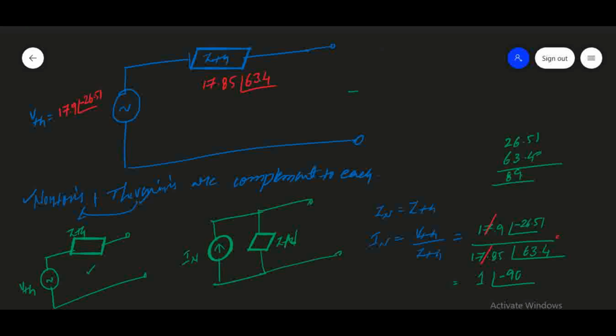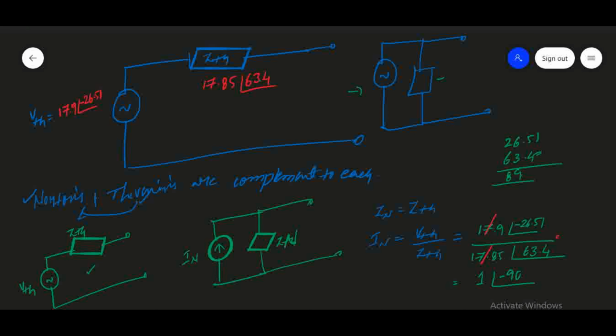Here, if I draw the Norton's equivalent circuit, it contains a Norton's current IN in parallel with ZN.